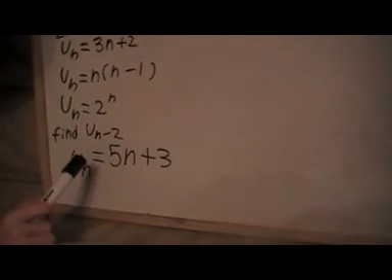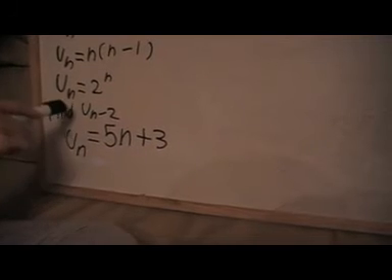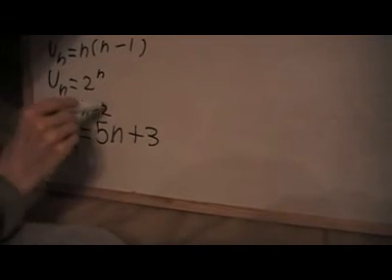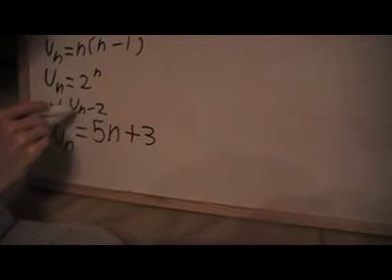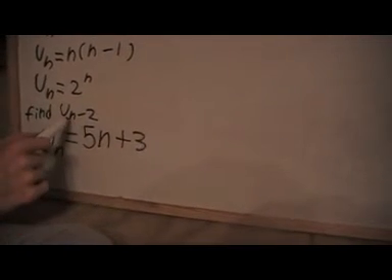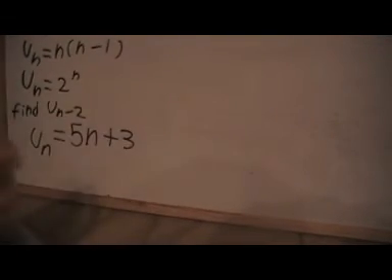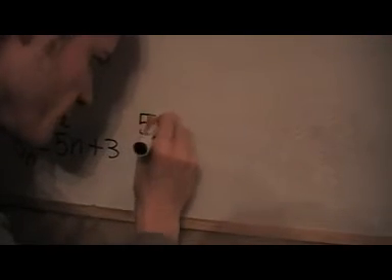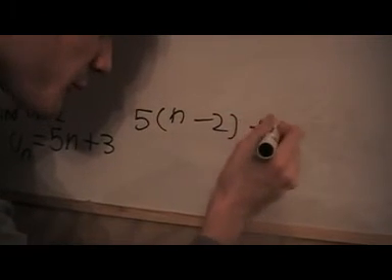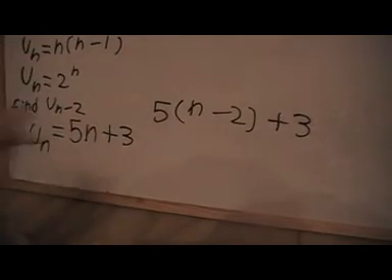Now something a bit more complicated. I want to find u of n minus 2. Now remember, this bit down the bottom here is the term. So what that means is everywhere we see n, we substitute this number here. So we're going to replace this n with n minus 2. And this won't come out to be a number, so let's just simplify this one.